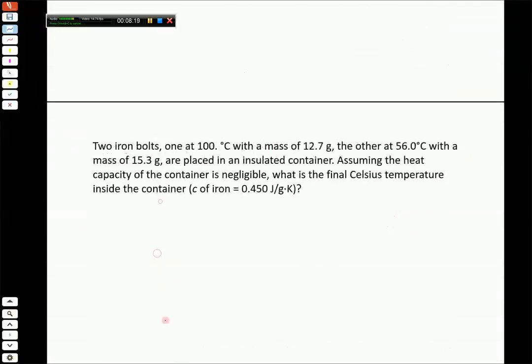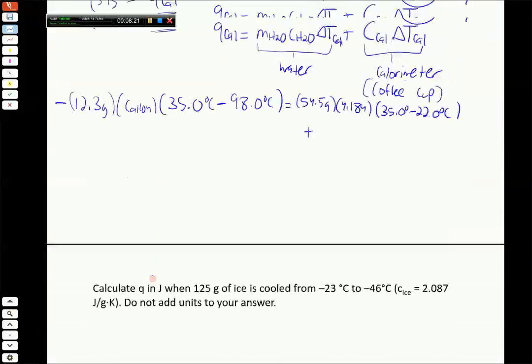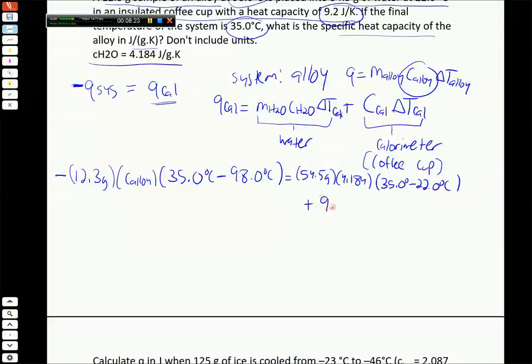So we just use that number and multiply it by the delta T to get the other part of the heat that's absorbed by the calorimeter. So 9.2 joules per Kelvin. I was a little bit sloppy with units here, but those should all be joules. And then delta T is going to be, again, the same thing, 35 minus 22.